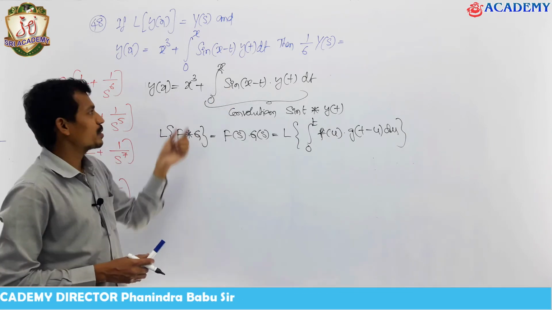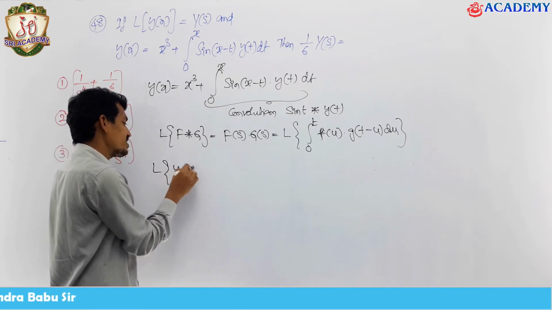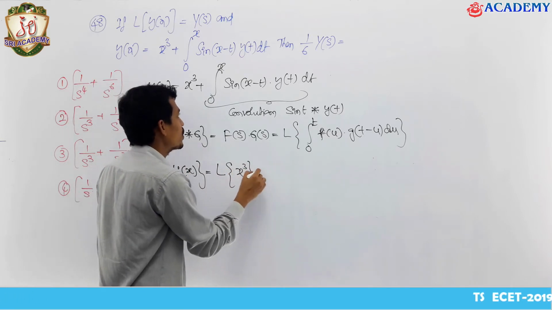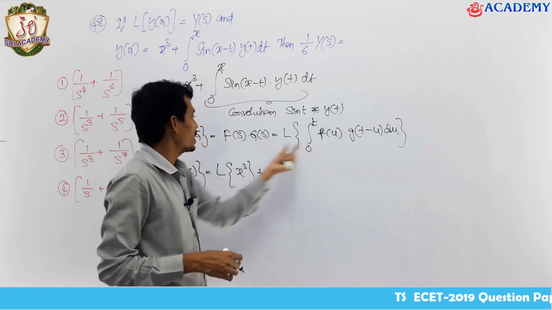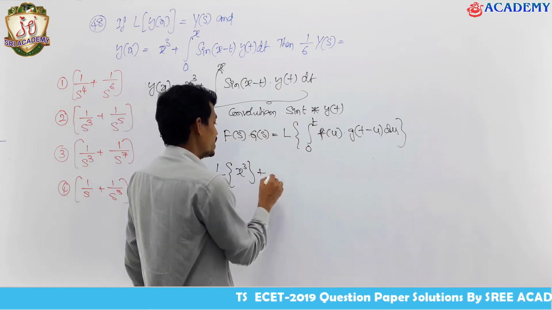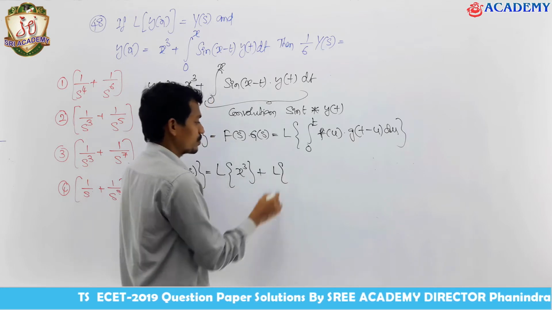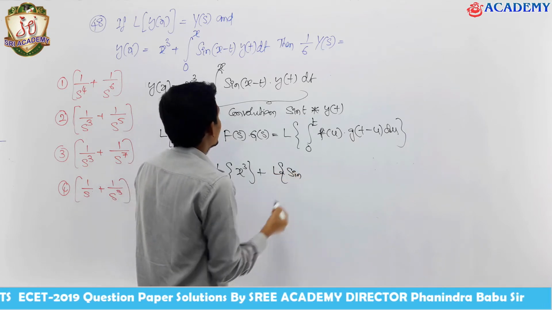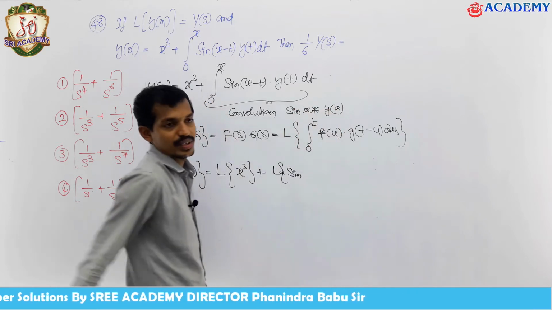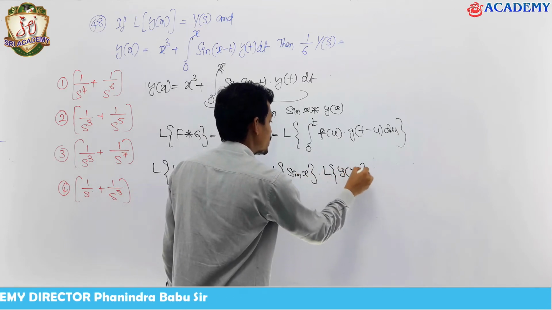Now I am representing it in terms of x only: Laplace of y of x equals Laplace of x cube plus this total function, which indirectly gives the Laplace transform of sin x into Laplace of y of x.